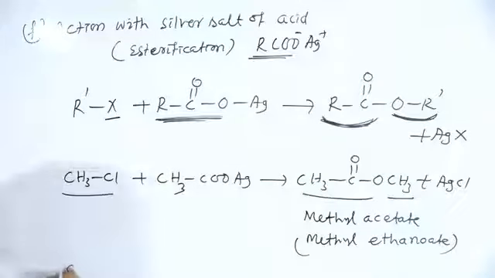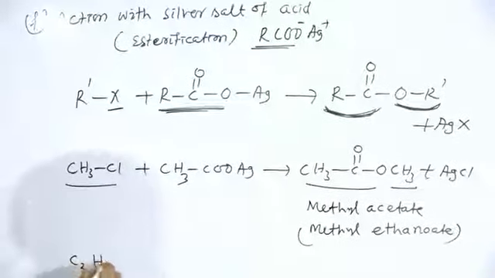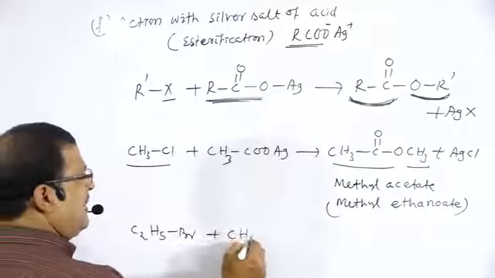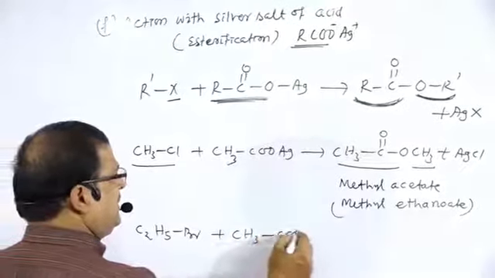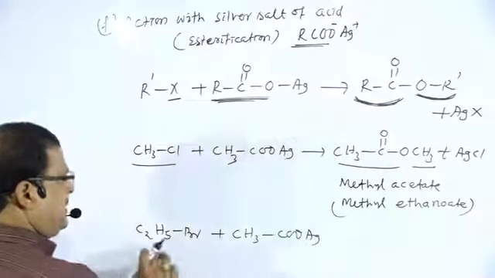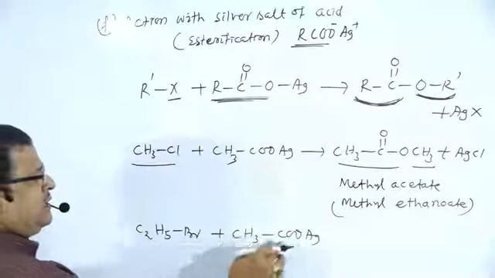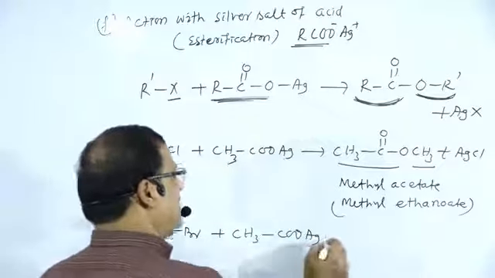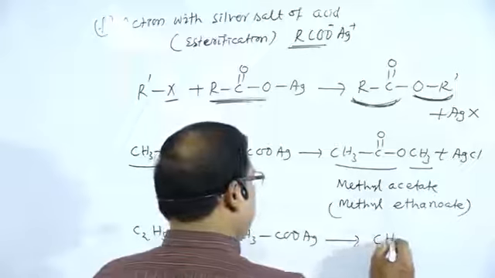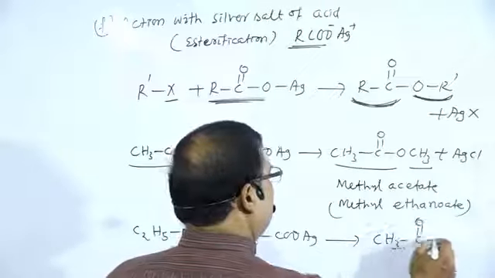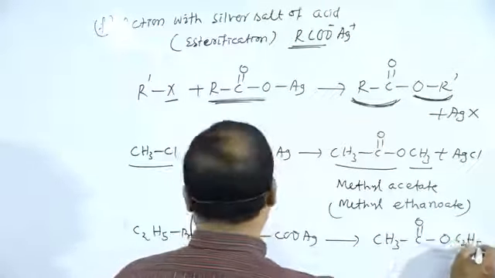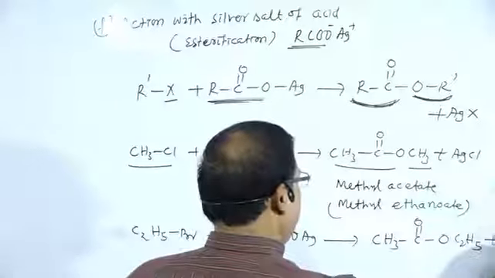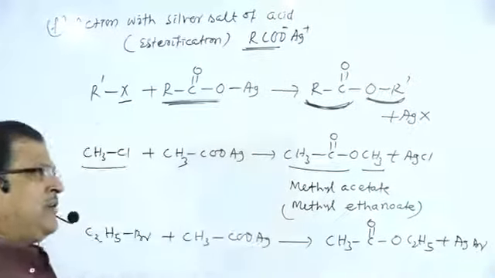If we take C2H5Br, ethyl bromide, and treat it with CH3COOAg, silver acetate, ethyl bromide reacts with silver acetate. So there is the formation of CH3COOC2H5 plus AgBr.